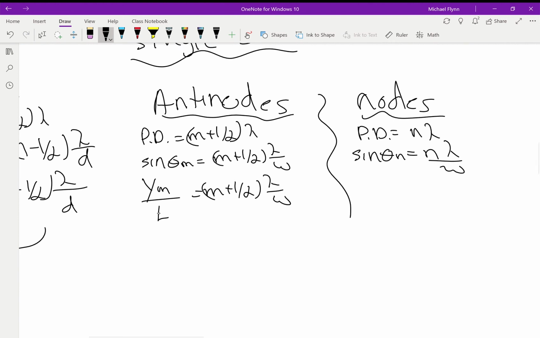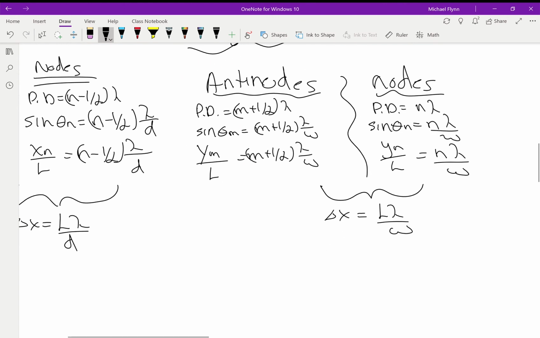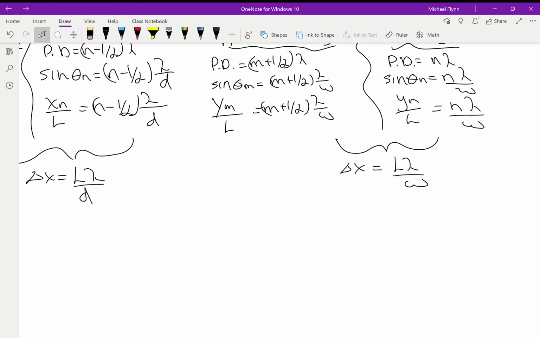And finally, yn over L equals n lambda over w. And the spacing of these, delta y, equals L lambda over w. Now if you look, it looks astonishingly similar, the single slit and double slit, but there are differences. Oh, I'm sorry, that should have been a delta y, not delta x. And that's the spacing.